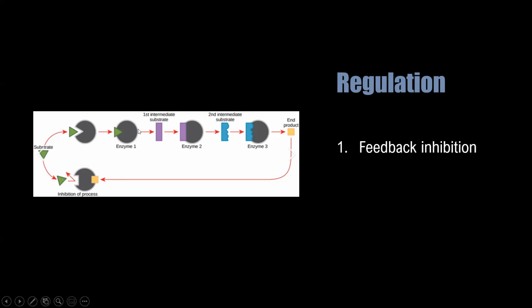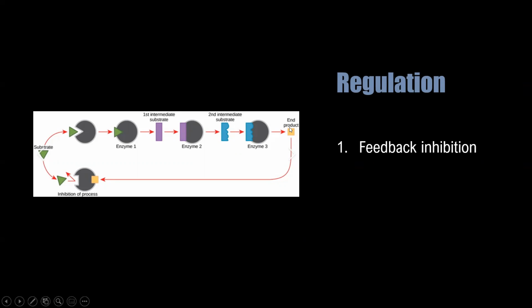So we have over here enzyme 1 and its substrate, which result in an intermediate, the purple one, which is the substrate for the next enzyme in sequence, which is enzyme 2. And then this is the substrate for enzyme 3. Now we have an end product over here, the end product of the whole chain reaction.